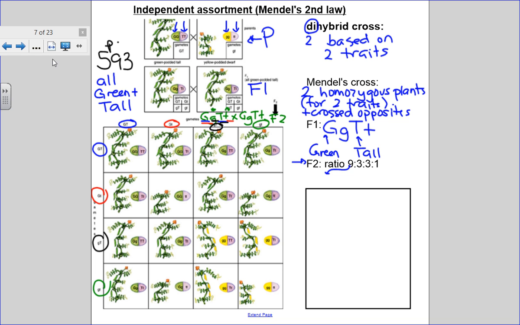The 9 represents organisms that showed the dominant phenotype for both characteristics. So on this little chart, I'll just highlight them.